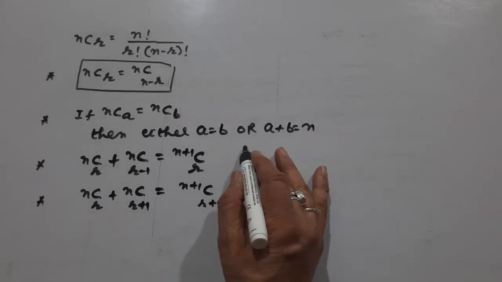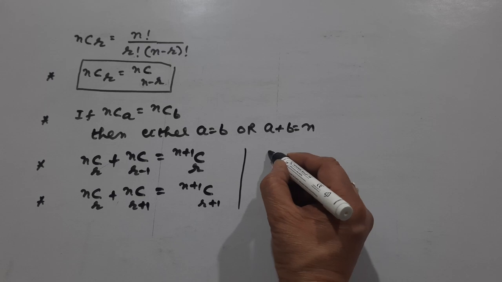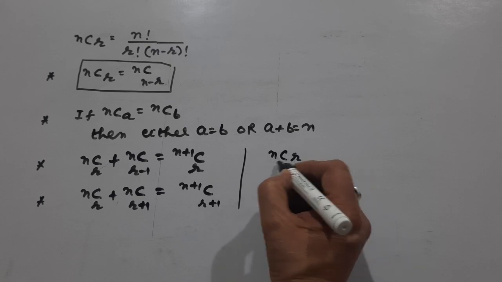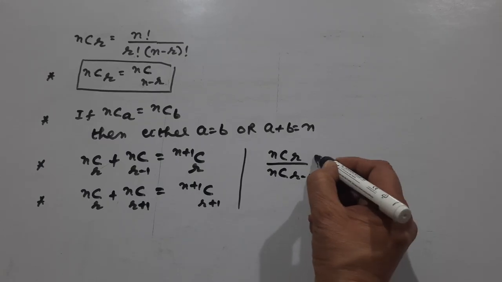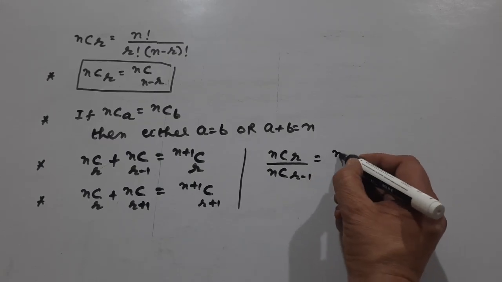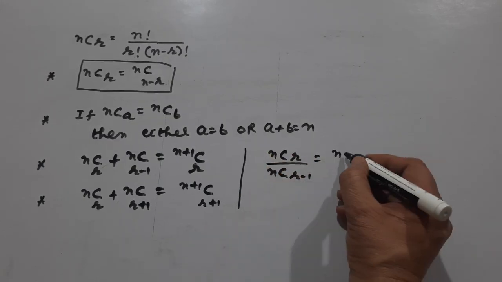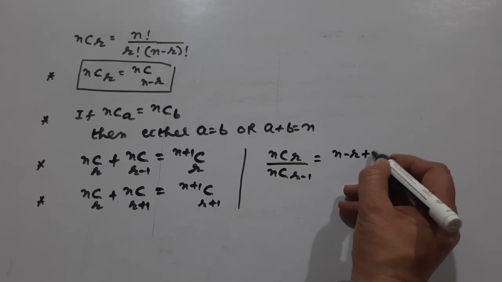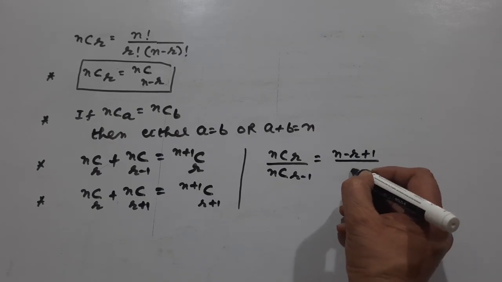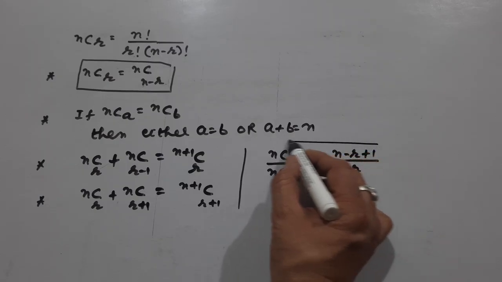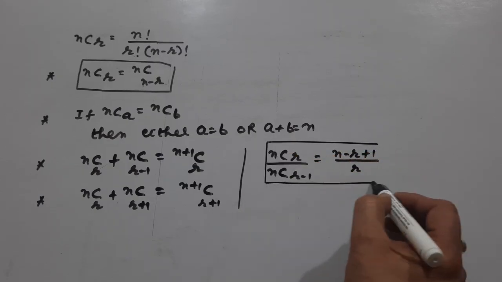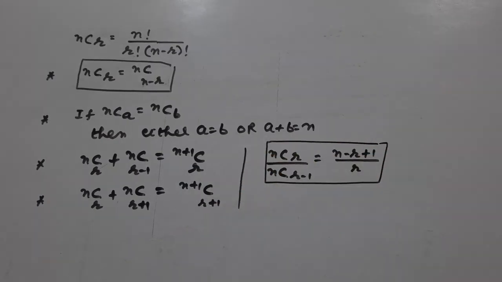And then one more point, students, that nCr upon nC(r minus 1) is equal to (n minus r plus 1) upon r. So students, we shall use all these points in solving the questions. Right, students?